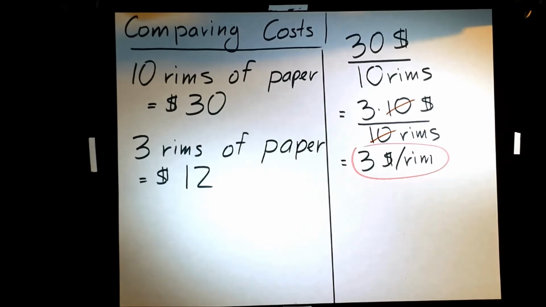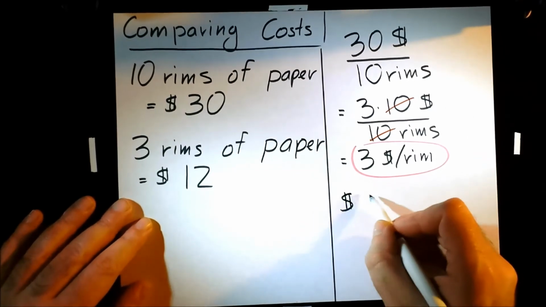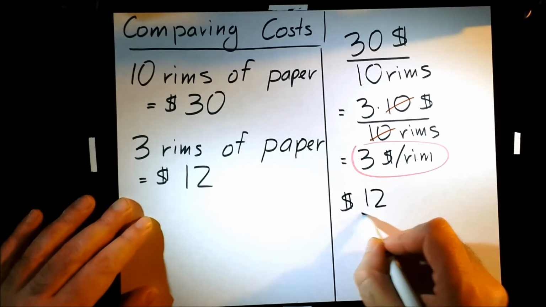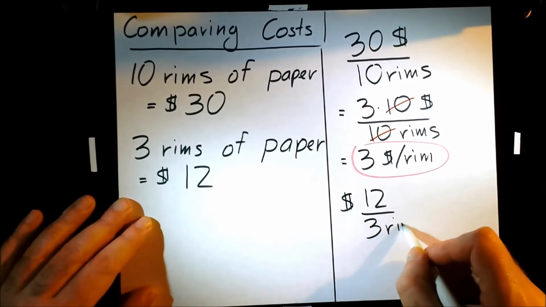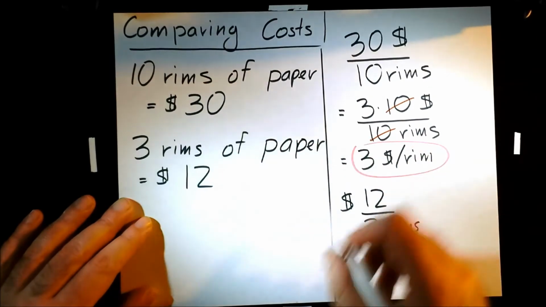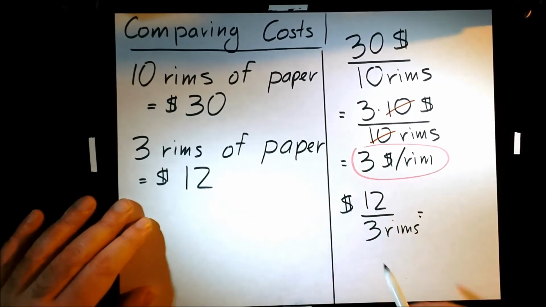Now I'm going to do the same thing to the other one. 3 reams of paper for $12. So $12 buys me 3 reams here. Guess I'm not being consistent with my dollar signs. Oh well. Can I break the 12 down to something that contains 3?